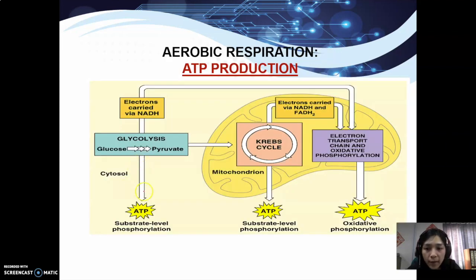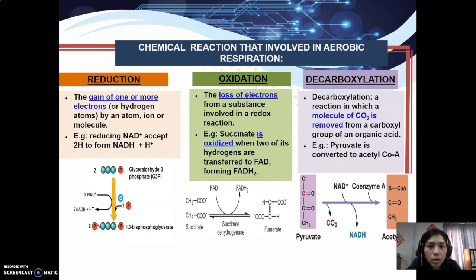For glycolysis, ATP is produced via substrate level phosphorylation. Krebs cycle also produces ATP via substrate level phosphorylation, while oxidative phosphorylation produces ATP in the ETC. The major chemical reactions involved in aerobic respiration are reduction, oxidation, and decarboxylation.